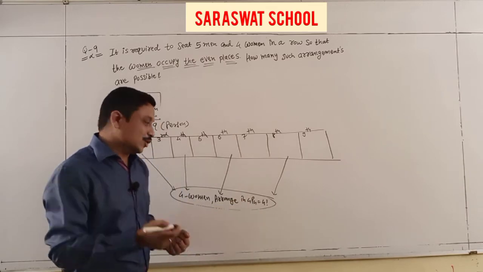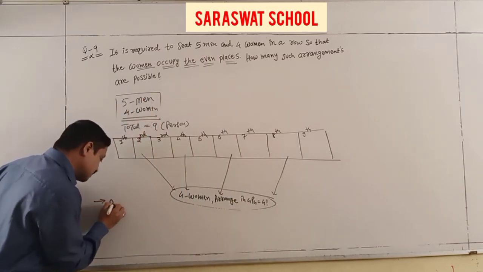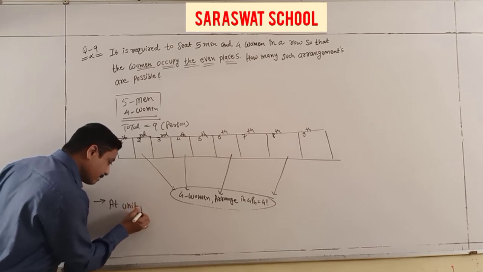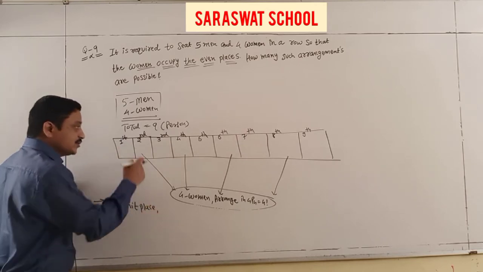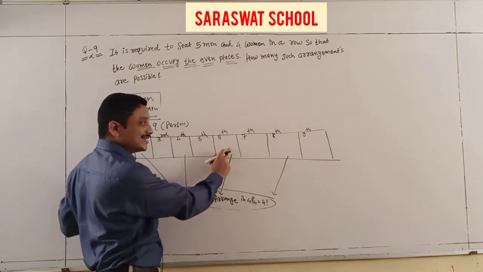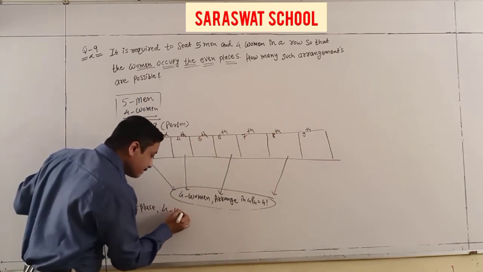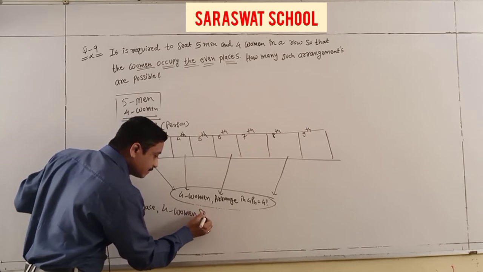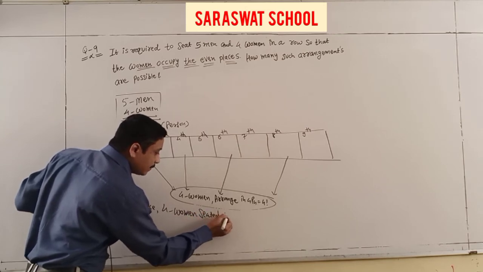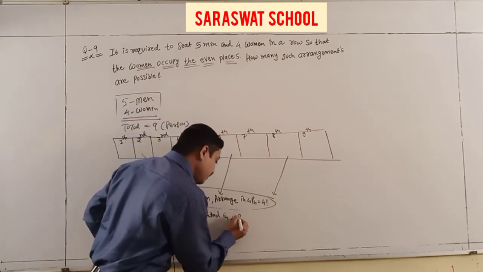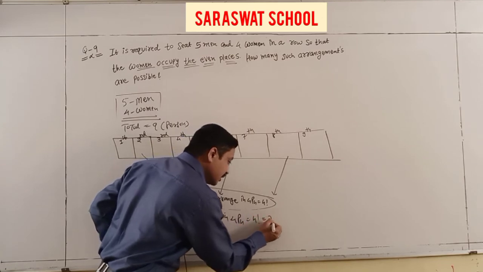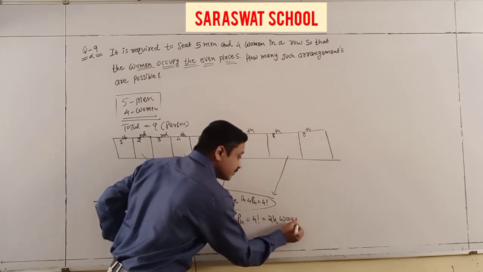So at the even places, 2, 4, 6 and 8, 4 women are seated in 4P4, 4 factorial, it means 24 ways.